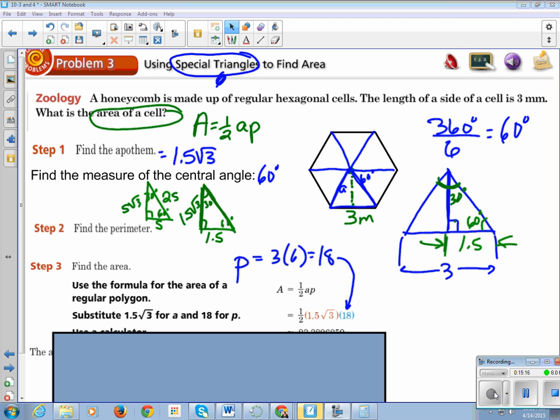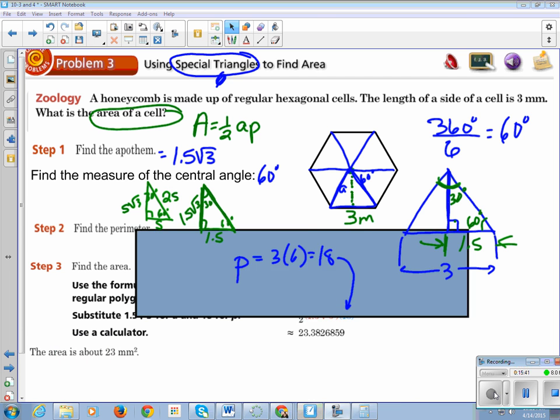So when you guys see these problems, it will seem like you don't have enough information to solve it, but if you remember you have special right triangles, and that the relationship is half the side length times square root of 3, you do have enough information. So look to your special right triangles when it feels like you don't have enough information.